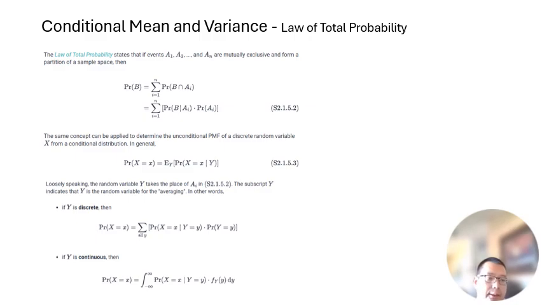But if y is continuous, then the probability of x equals small x will be the integral of the probability of x equals small x given y equals small y times the PDF of y, and you integrate it from negative infinity to positive infinity.